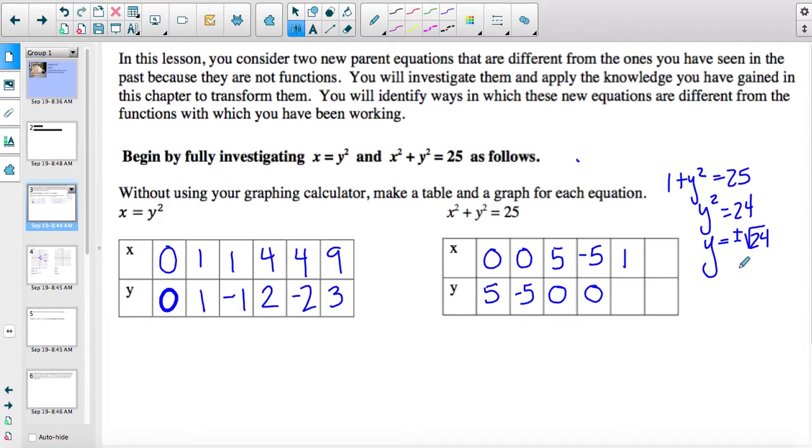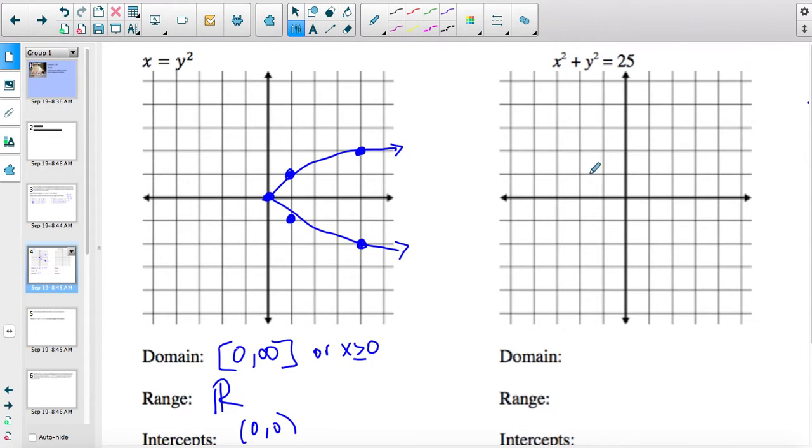But I'll just use my calculator real quick, and I'm kind of curious. The square root of 24 is 4.89, so we'll do 4.8. And if I made x negative 1, I'd get the same value. Okay, and I could continue doing values, so let's go and graph that.